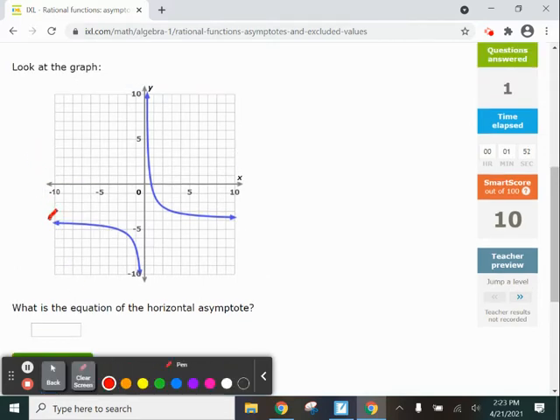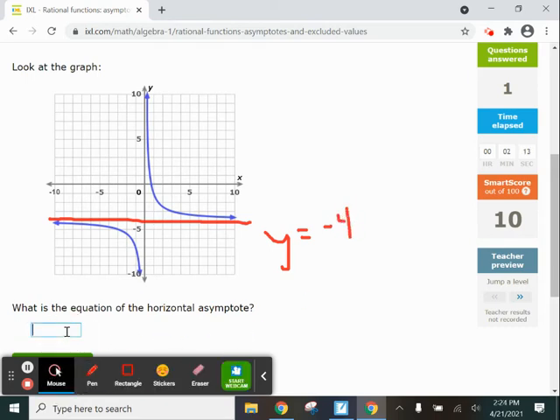So we're really looking here for our horizontal. Horizontal asymptotes have equations of y equals. So this is going to be y equals, and the value it's at is -4. So this would be y equals -4, and that's what we are going to have to type in here, y equals -4.